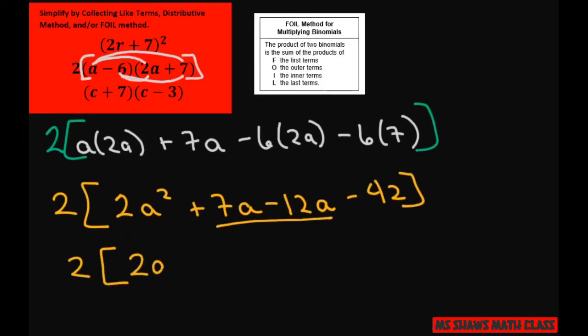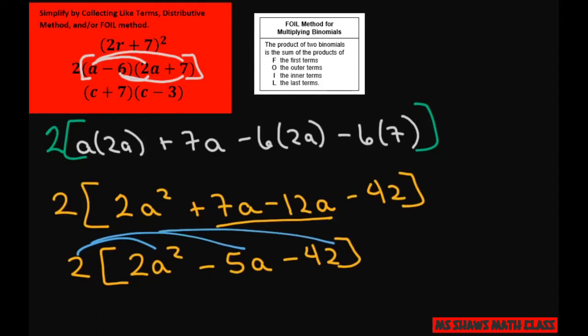So it's going to be 2a squared minus 5a minus 42. Now at the very end, I'm going to go ahead and distribute the 2. So that's going to be 4a squared minus 10a minus 84. And that's it for that one.